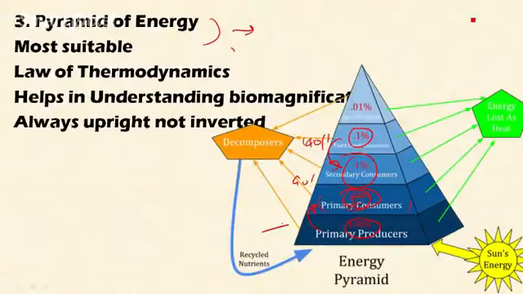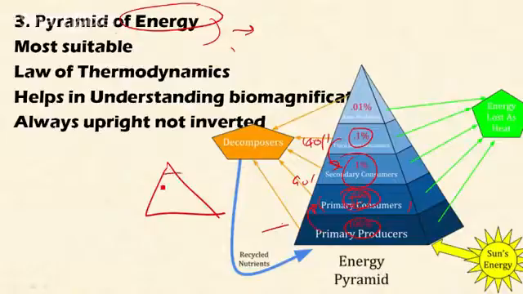So because of this mechanism, this pyramid is always upright, not inverted. Please note this, it is very important from the examination point of view. The pyramid of energy is always in an upright position, not in an inverted position.